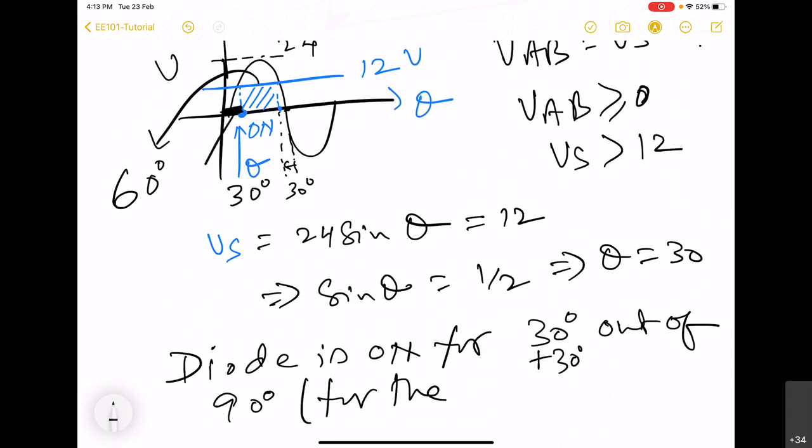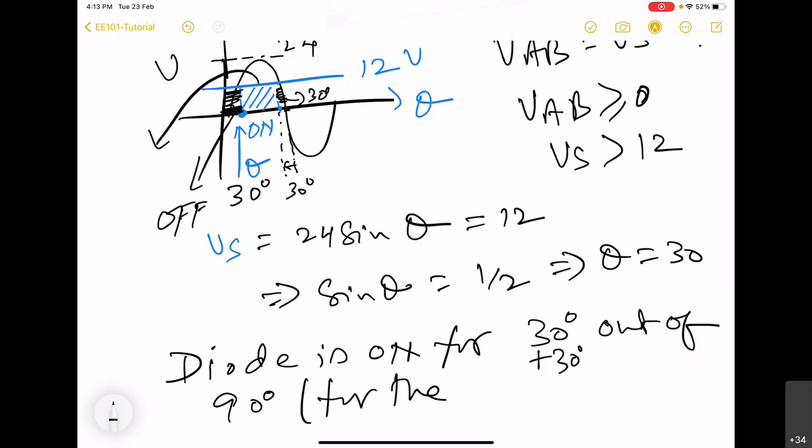This is a half duration. Similarly, this is also half duration, so this will also be 30 degree. So the remaining portion is 60 degree. Oh, no, sir, this is 120 degree. Yes, you're right.